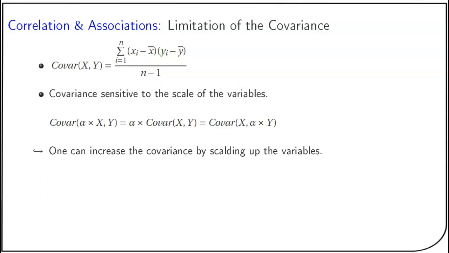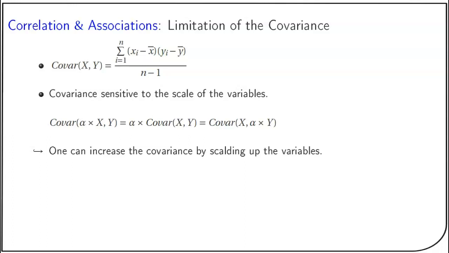Although this is a nice property from a mathematical point of view, it is not great when it comes to comparing the association, or the magnitude of associations, between variables. Because what this sensitivity to scale means is that one can simply increase the covariance by scaling up one of the variables.